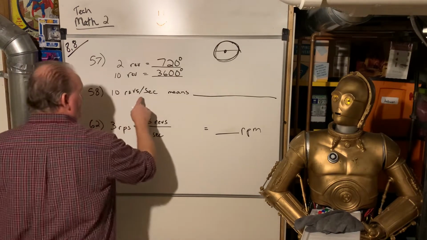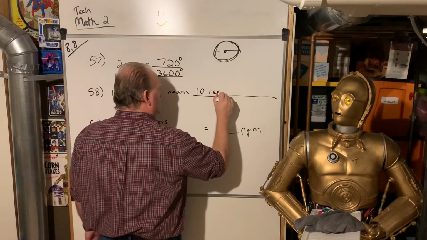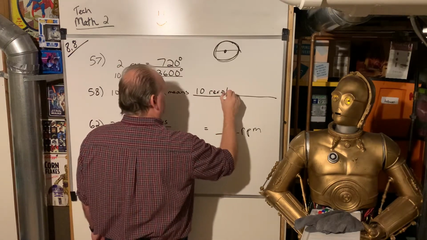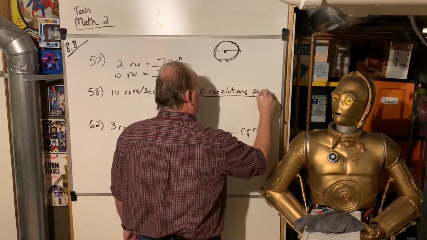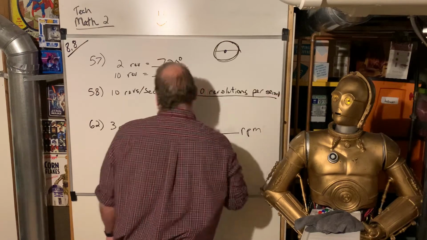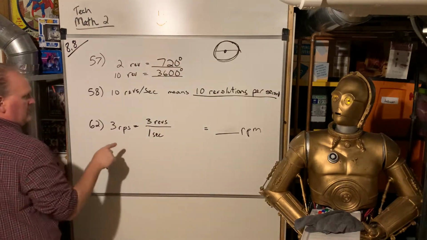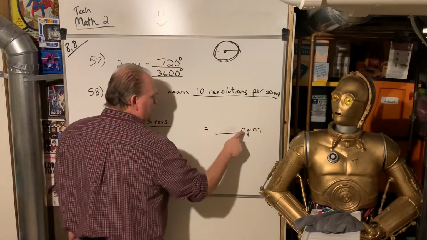10 rev/sec means 10 revolutions per second. All right, 3 RPS, revolutions per second, and they want me to make it into revolutions per minute.